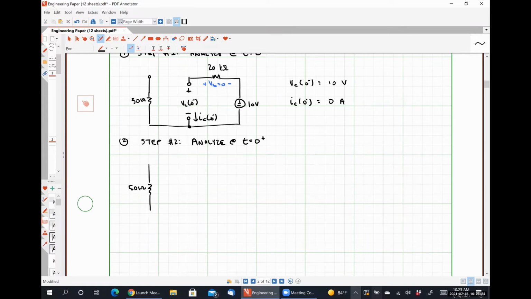So what that would look like would be something like this. We have our 50 kilo ohm resistor connected to our capacitor. Here's our 20 kilo ohm resistor. Here's our 10 volt source.